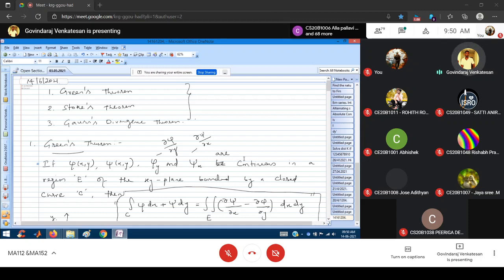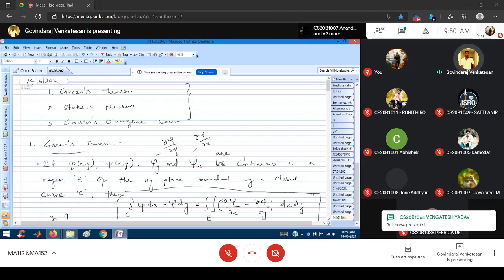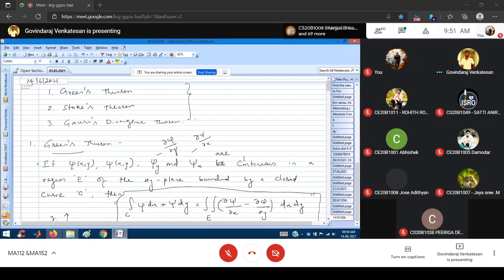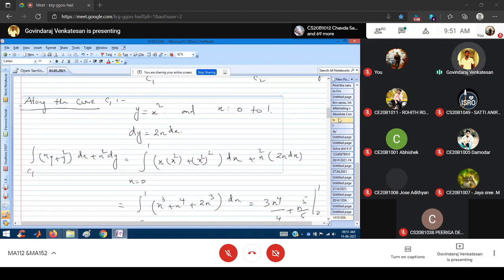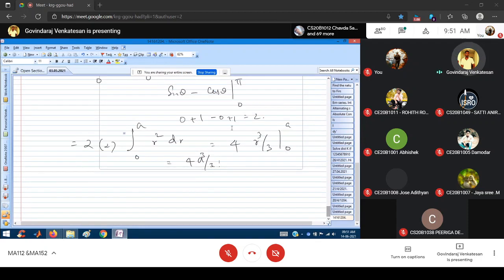The first one is to verify Green's theorem, like that problem, and the second one is to evaluate the integral by using Green's theorem. Okay. So I will state only the Stokes theorem statement. We'll see the problems tomorrow.